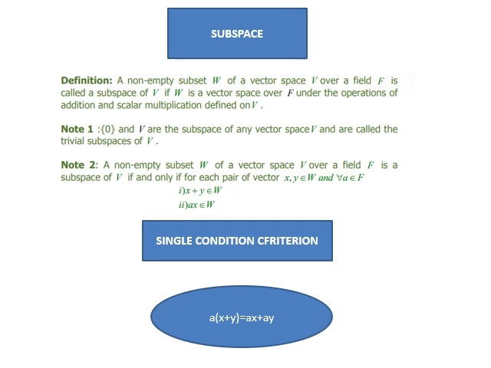Instead of proving all those 8 conditions which we check for a vector space, it is enough if we can prove these 2 conditions alone.